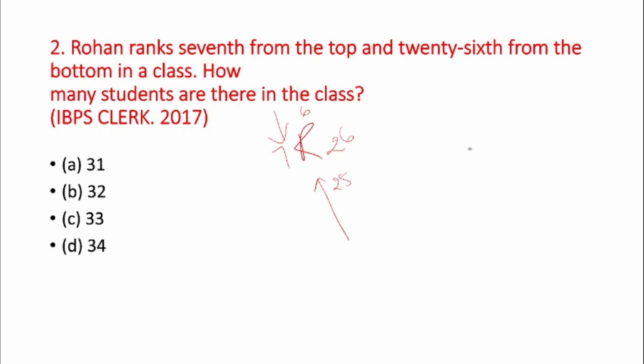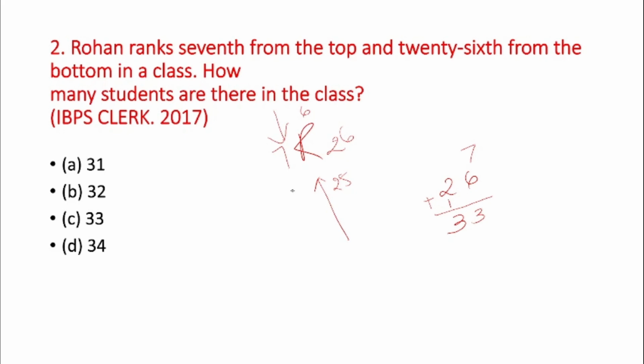So for that, we will take the position of Rohan here. From top he is 7, from bottom he is 26. Now we need to add both the numbers, right? We need to add them. 7 plus 26 is 33.